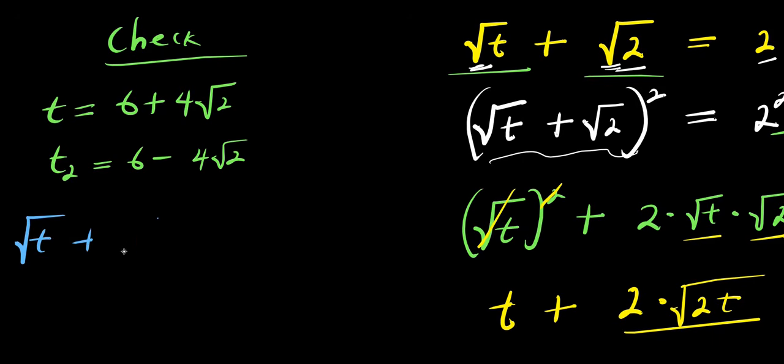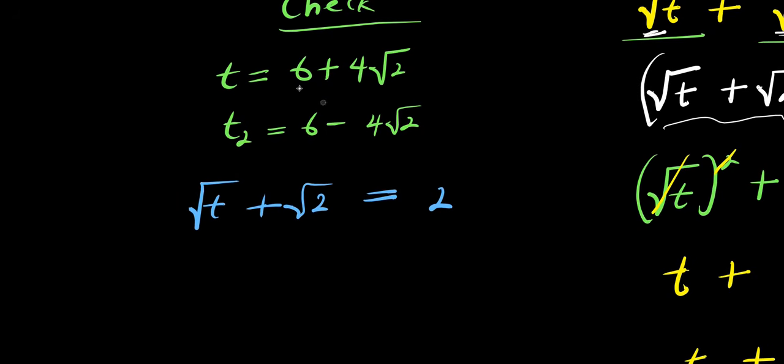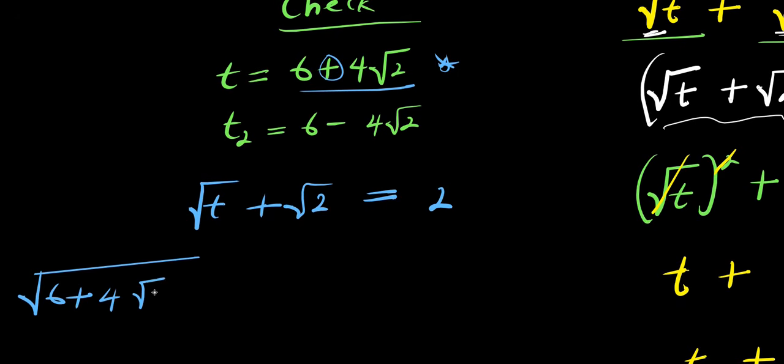root t plus root 2 equals 2. And what we are going to have will be, this is our t. Let's consider the addition. So we have the square root of 6 plus 4 root 2, plus root 2.